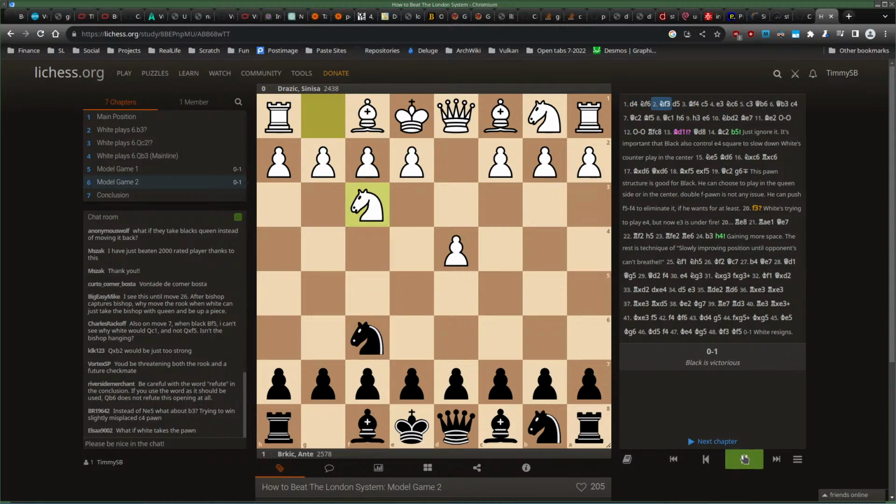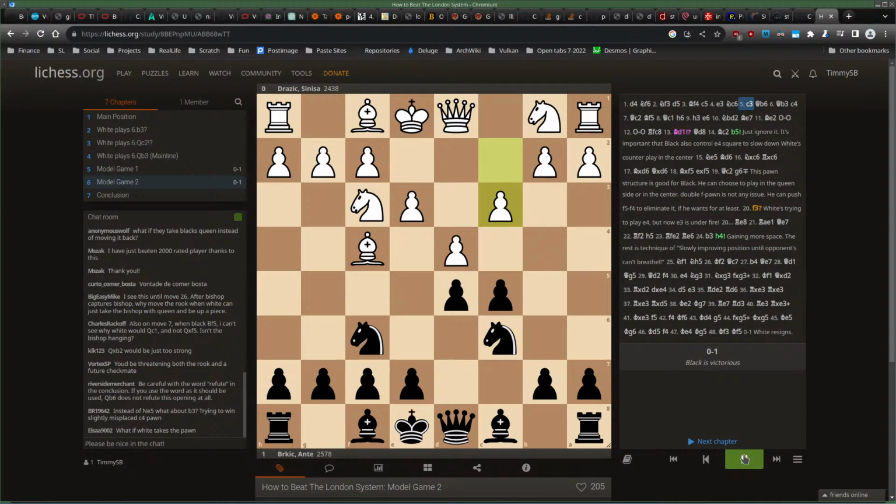Okay, again, this is also possible. D5, C4. Knight C6. Queen B6. C5. Bishop F5. E6 or H6.